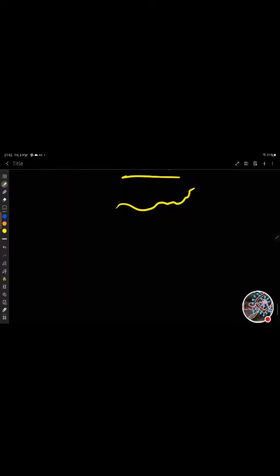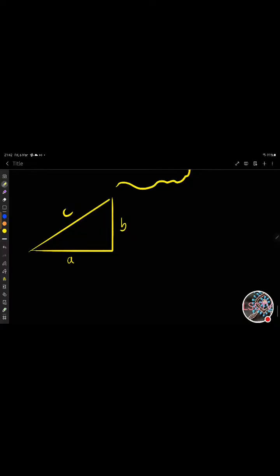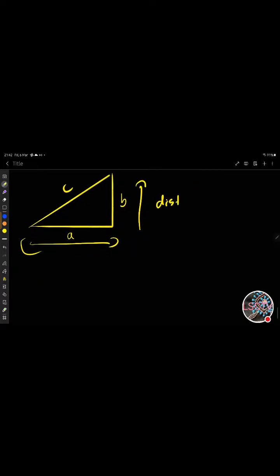Now, to explain this, I'll show you this right angle triangle. Fine. Okay. So, let's name the sides A, B, C. Fine. Now, here, you notice if let's say you're going from here to here, the distance is equal to A plus B. That's easy, right?